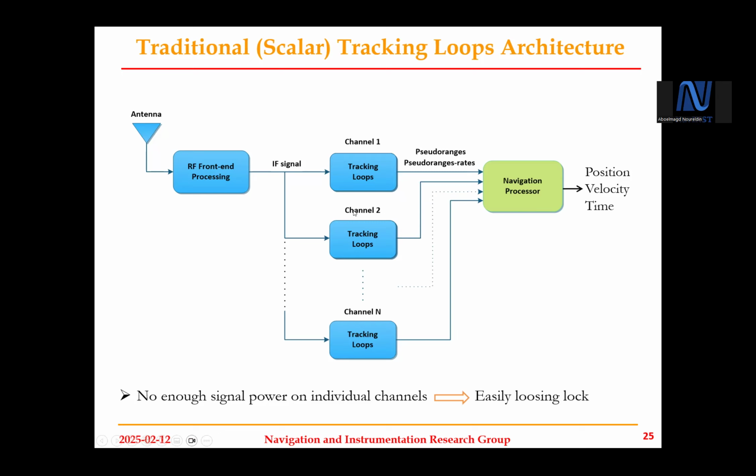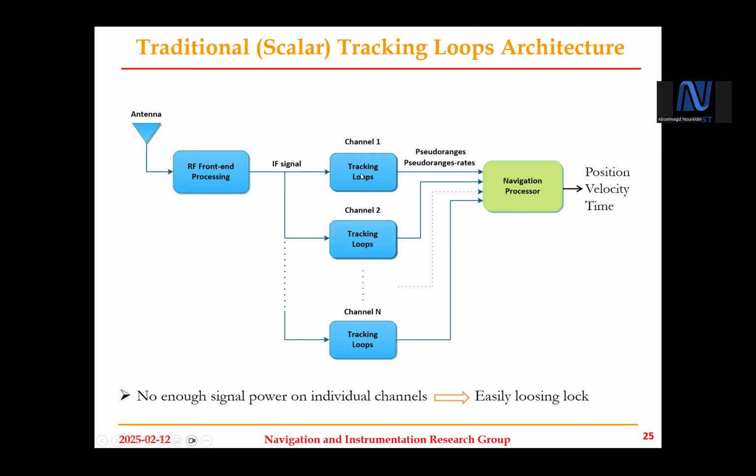So if there is not enough power on one channel, that channel will fail if we don't assist it. Let's say the signal power was a bit low, below a threshold we set for tracking.